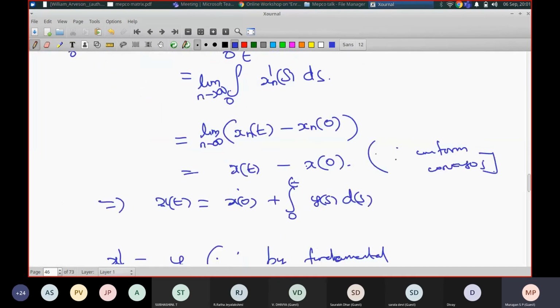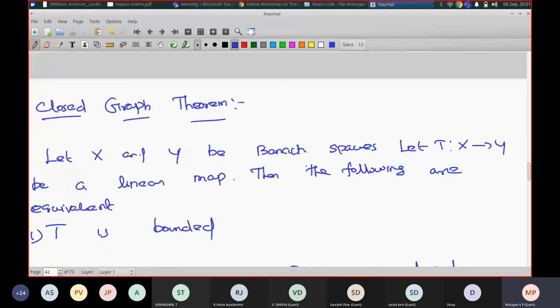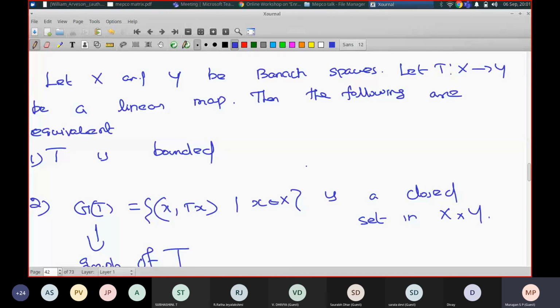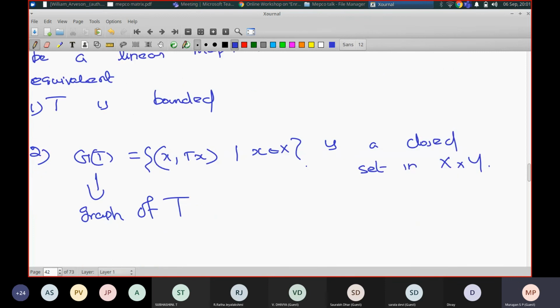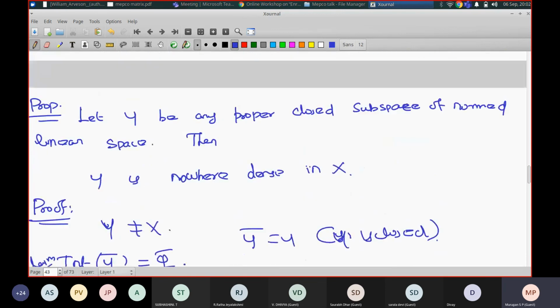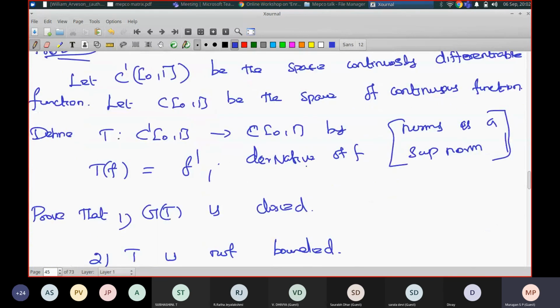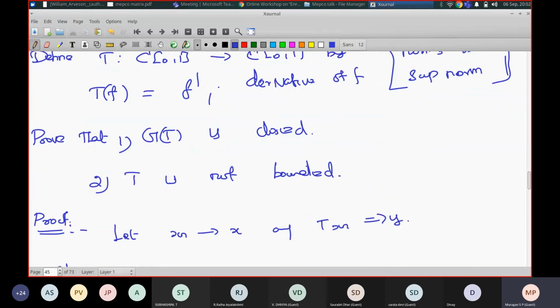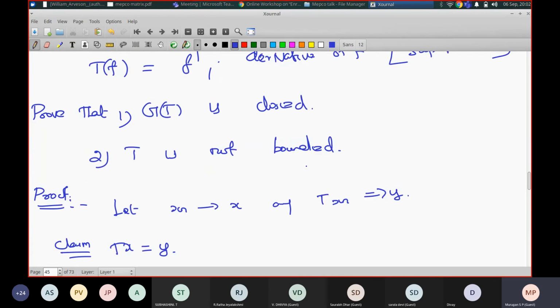See, the closed graph theorem fails here, right? What is the closed graph theorem? The assumption is: let X and Y be Banach spaces, and let T be a linear map. Then T is bounded if and only if the graph is closed, right? But in the previous problem, we showed that the graph is closed. Then by the closed graph theorem, you would immediately conclude that T is bounded, but we proved T is not bounded.